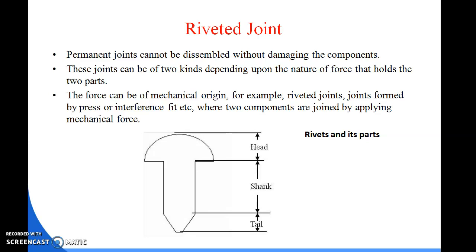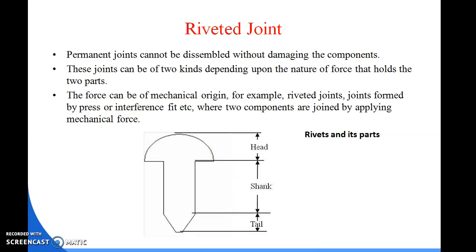The cylindrical portion of the rivet is called the body. This is the cylindrical part of the rivet. In technical words it is also called the shank, or in simple words the rivet body.